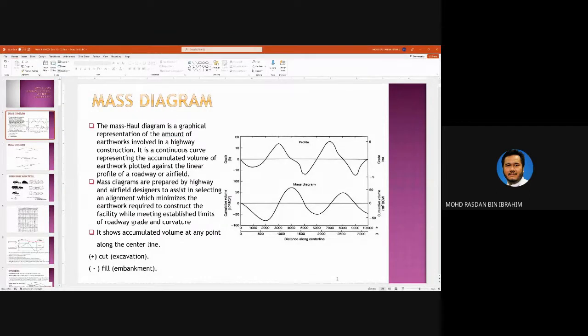It's not really in highway, but I think it's good for me to give a little introduction about the mesh diagram in our course for your knowledge, so this is not a calculation. I'm just going to explain theoretically what a mesh diagram is all about. A mesh diagram is a graphical representation of earthworks.